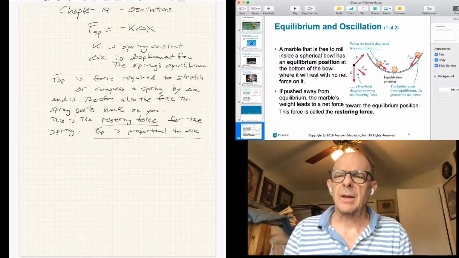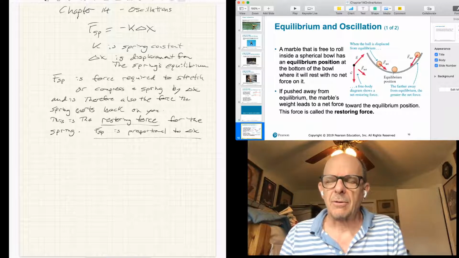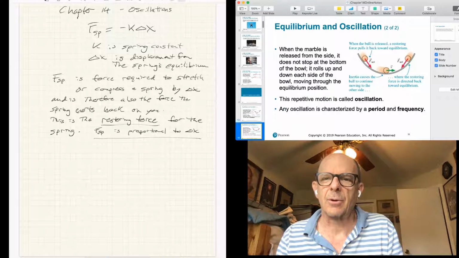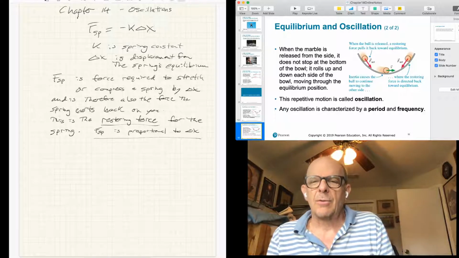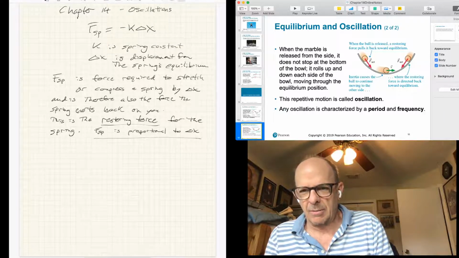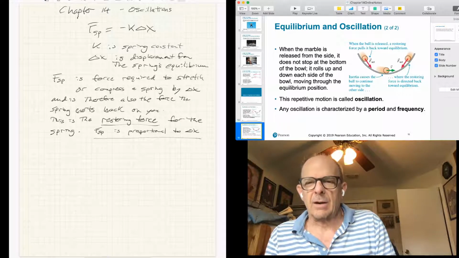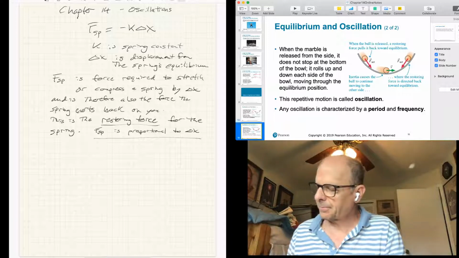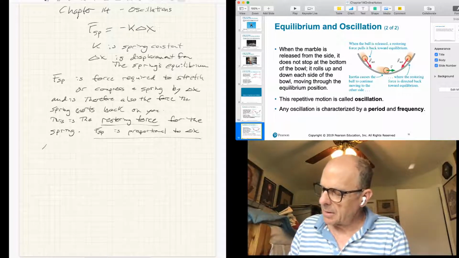And as the illustration shows, the farther away it is from that equilibrium position, the greater is that restoring force. Of course, if you let it go, when it gets to that equilibrium position, the force vanishes. At that point, gravity is just going down.